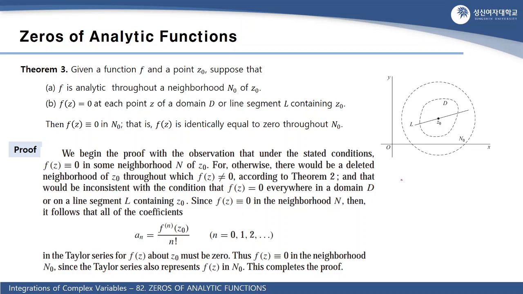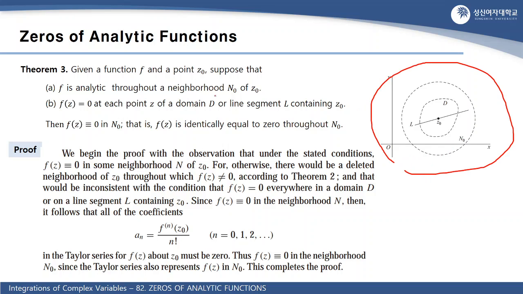Next is theorem 3. Given a function f and a point z₀, suppose that (a) f is analytic throughout a neighborhood N₀ of z₀. Here, look at figures.